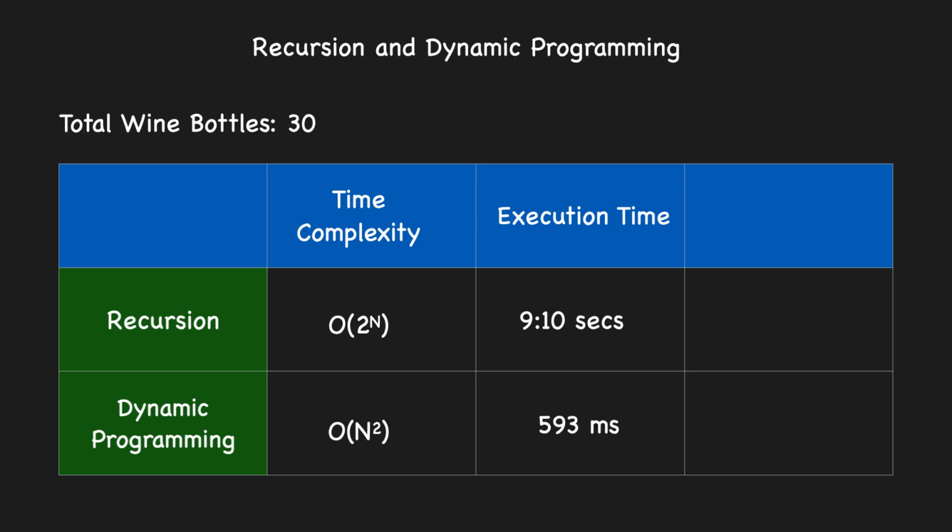The recursive method handled approximately 1.07 billion subproblems, whereas the dynamic programming method dealt with just 900 subproblems. So you can clearly see that the difference in magnitude is substantial, which is why dynamic programming is such a popular algorithm, because it optimizes the solution by reducing the number of subproblems. This way, it drastically cuts down on the execution time.